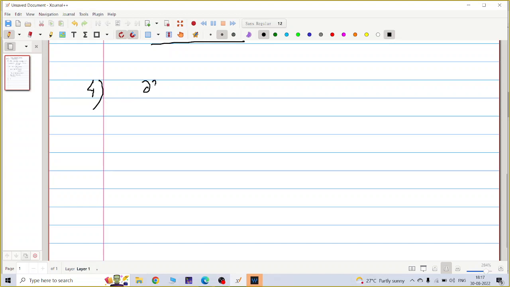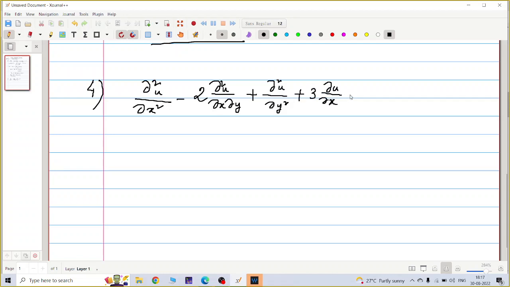The equation is given by del 2 del x2 minus... Now tell me it is of which type.